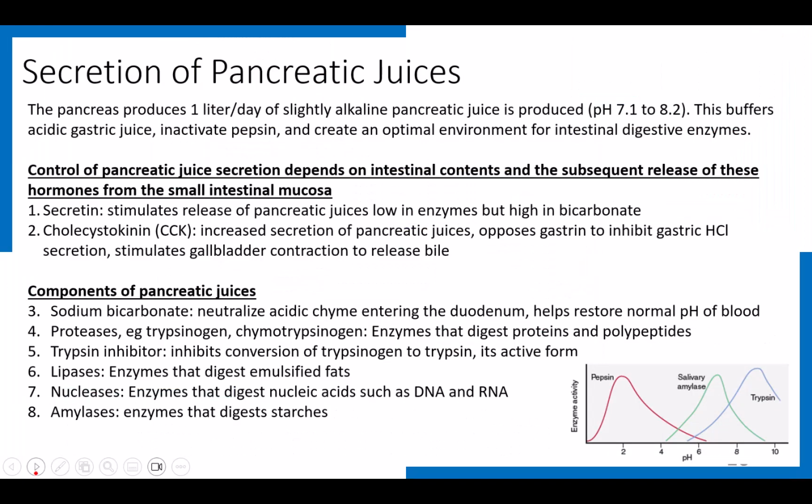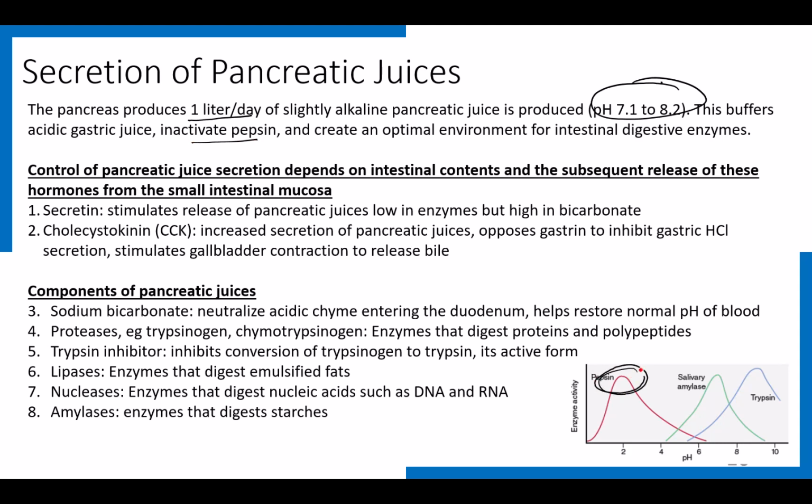So when we look at the secretions of the pancreatic juices, again, the pancreas produces 1 liter a day of pancreatic juice that's slightly alkaline, again, to try to neutralize the acidic pH. And once the gastric acid is neutralized, pepsin is also inactivated.